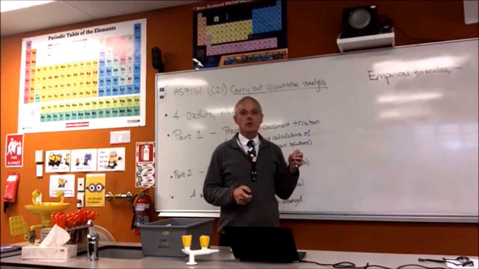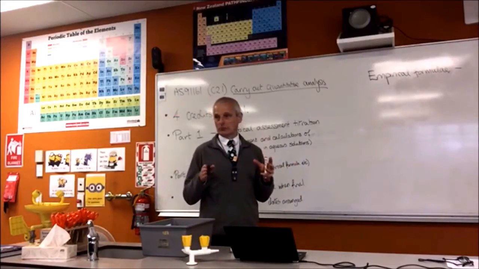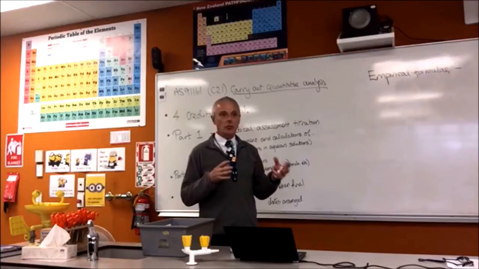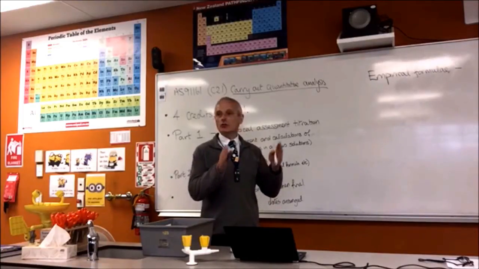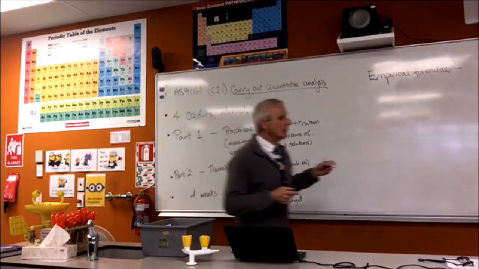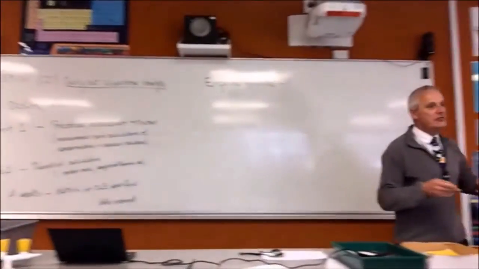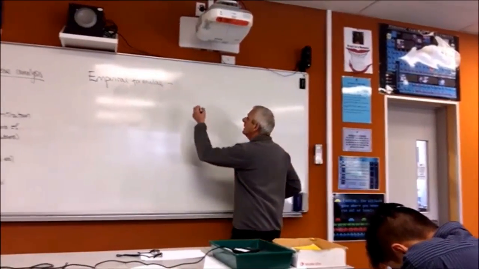And what an empirical formula does is it tells you the basic makeup of a particle. So the simplest way of representing the makeup of a particle is to give you the ratio of elements within that particle. Okay, so that's what it does, and these are derived from experimental measurements, so that's why it's called empirical.